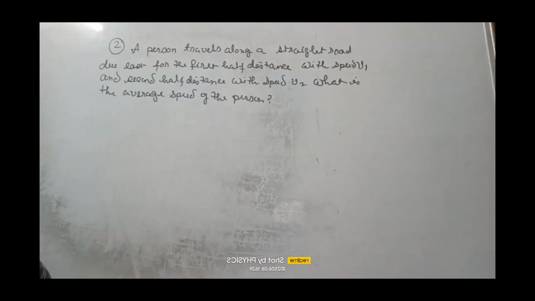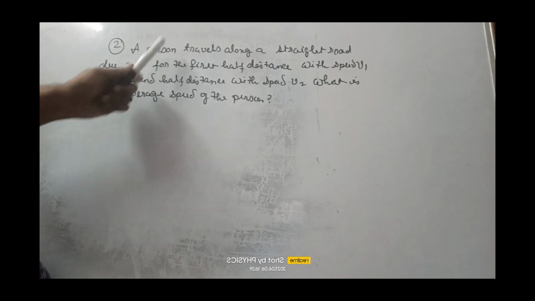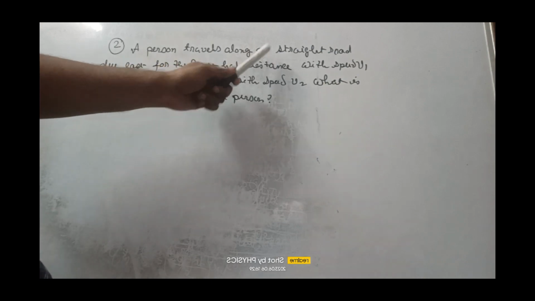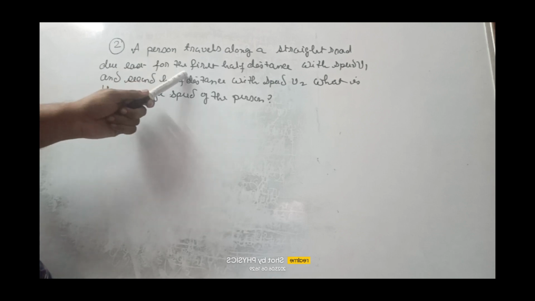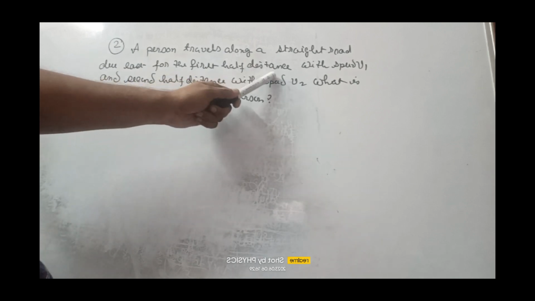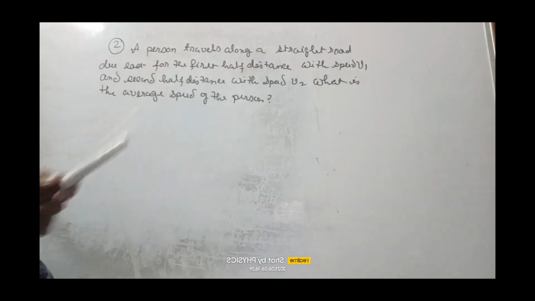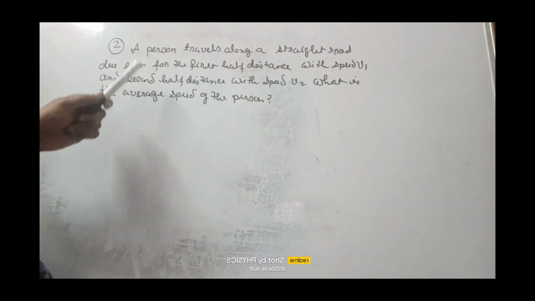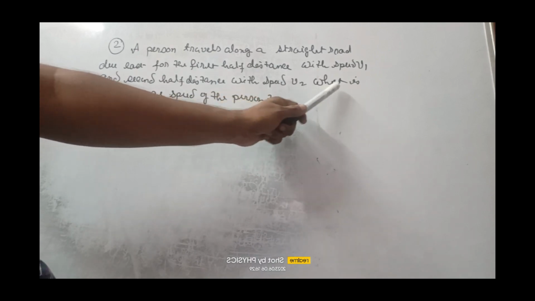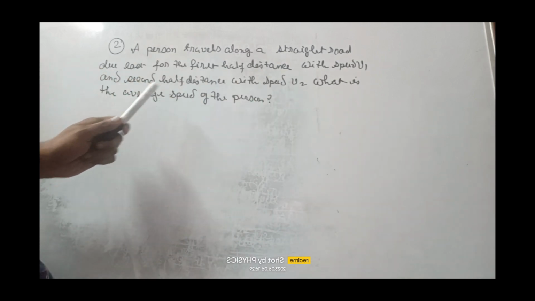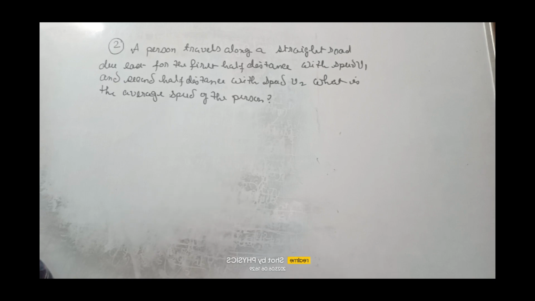Now move to the second problem. A person travels along a straight road due east for the first half distance with speed v1 and second half distance with speed v2. What is the average speed of the person?